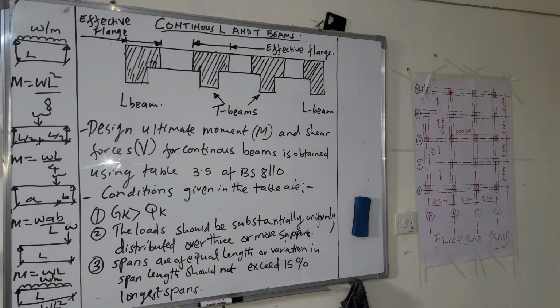This table provides us formulas which help us to determine the design ultimate moment M and the shear force V. But there are conditions to be met for you to use such a table. So condition number 1: Gk, which is the dead load, must be greater than Qk, and the load should be substantially uniformly distributed over 3 or more supports.